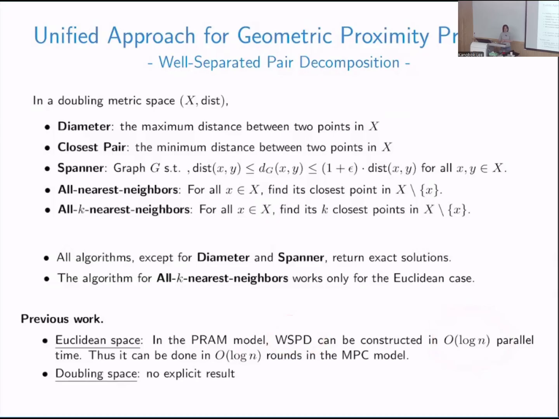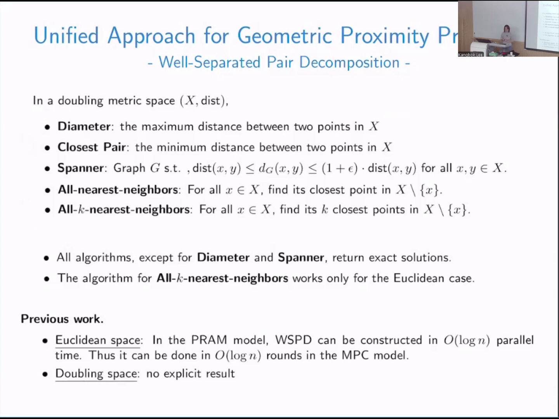So in this paper, we showed that in doubling metric space, we can construct a WSPD in constant rounds, and this gives constant rounds MPC algorithms for all those problems.